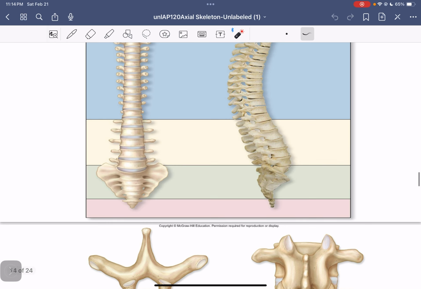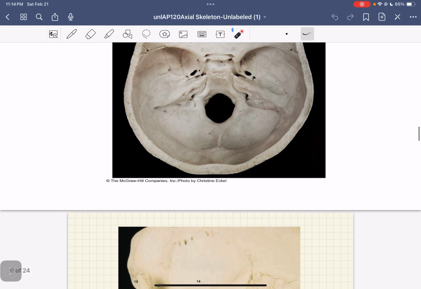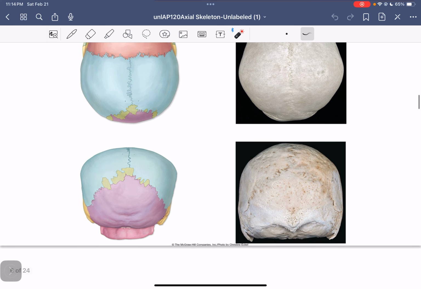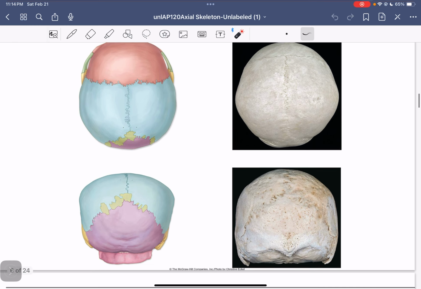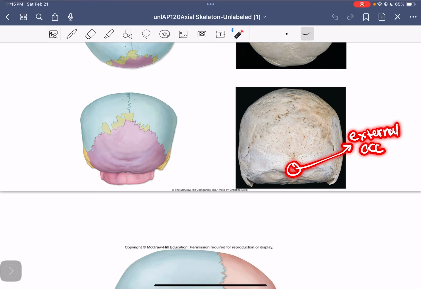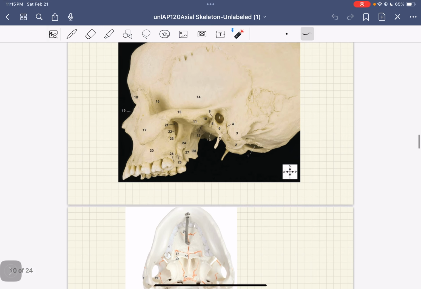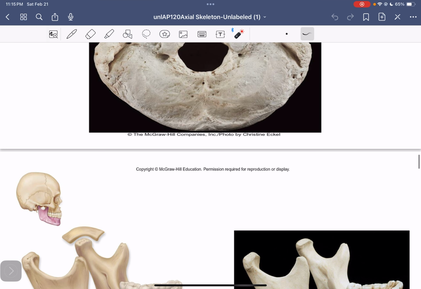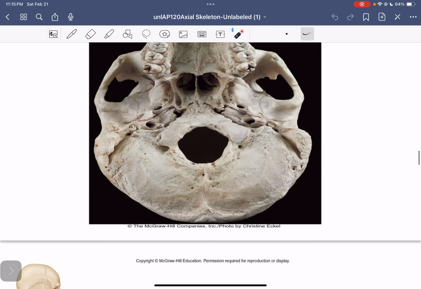Before I end the video, we do have to go over the occipital bone. So let's see. There we go. Cool. So you have this really large bump. This is going to be your external occipital protuberance. Okay, and then you should see almost like two lines. I guess this image down here kind of shows them.